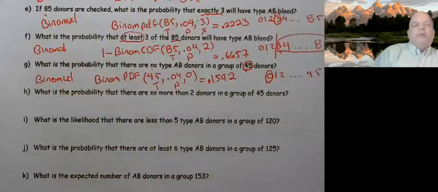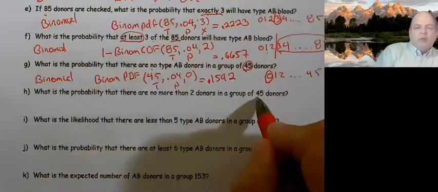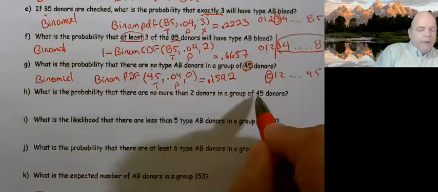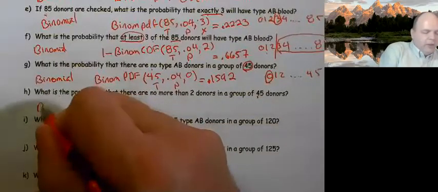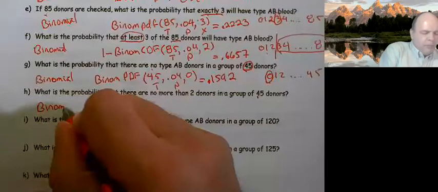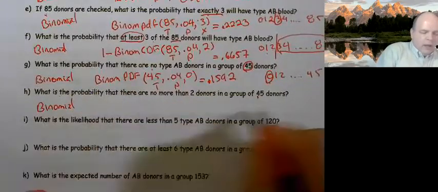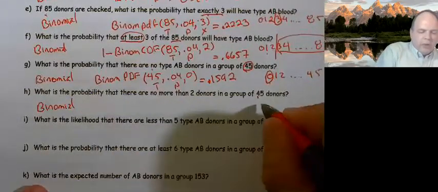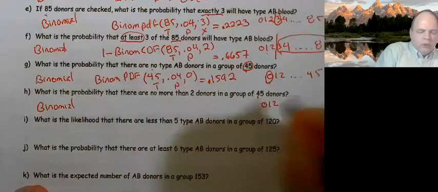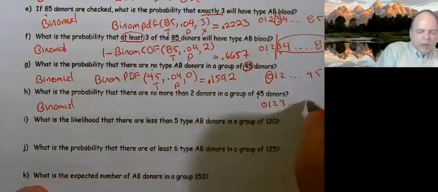What's the probability there are no more than 2 donors in a group of 45? Well, again, I have 45 trials, so this makes it a binomial, and no more than 2. So let's make our number line 0, 1, 2, 3, dot, dot, dot, all the way to 45.